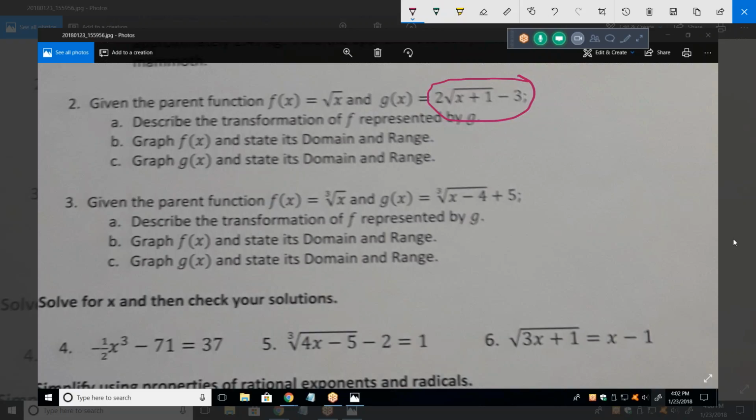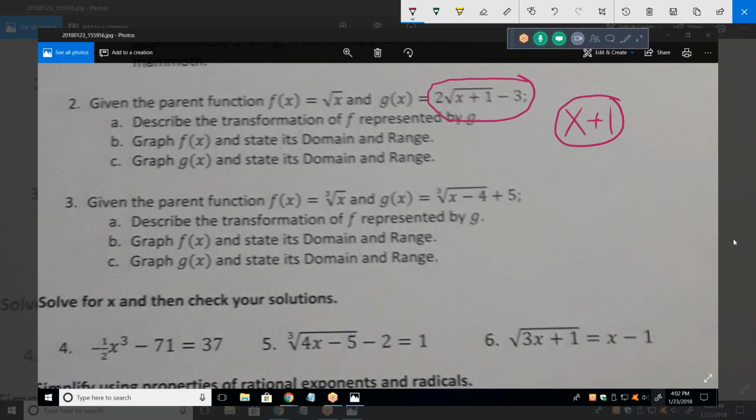What's true? You can't take radicals of negative numbers, correct? Right. Okay, so what does x plus 1 have to be? That's what can't be negative, correct? Yes. It's not the x.